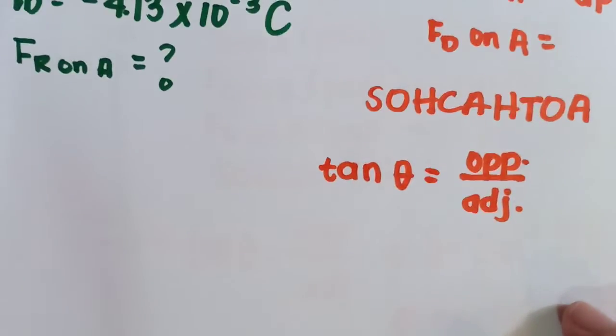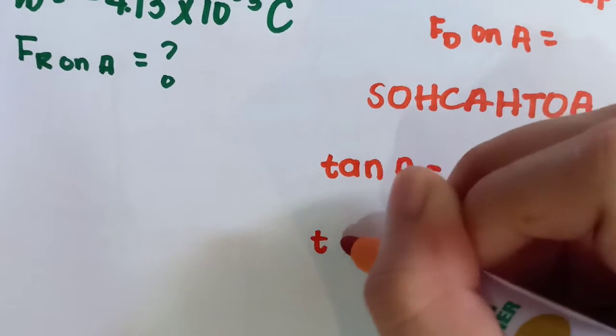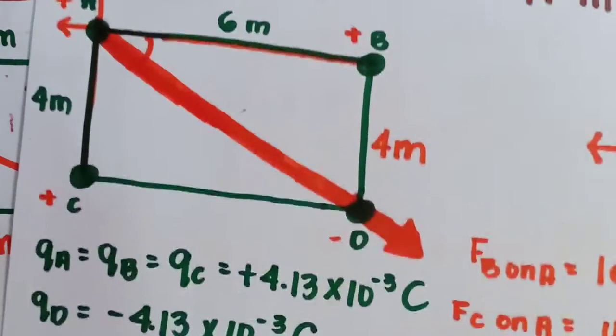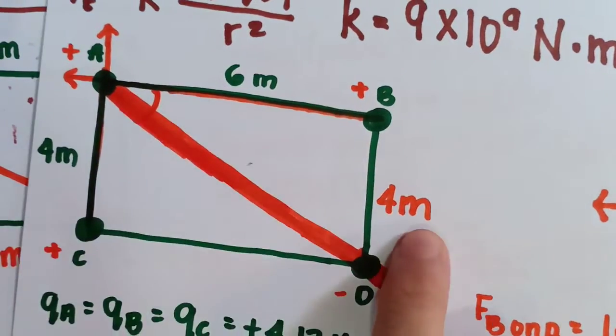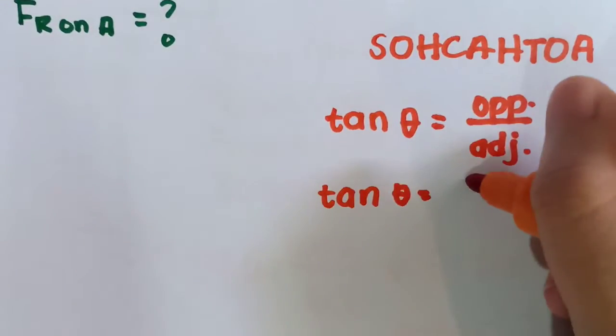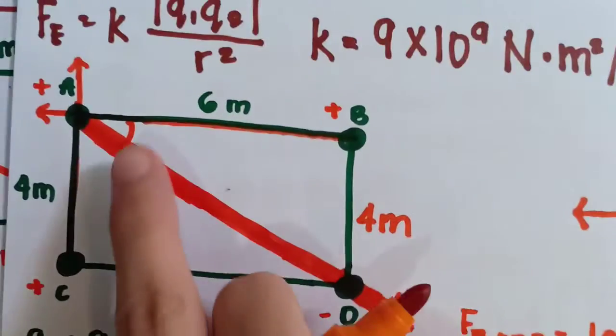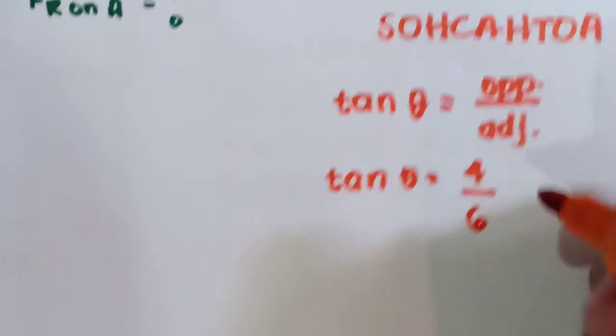Then, substitute. Tan theta is equal to opposite over adjacent, which is 4 over 6.